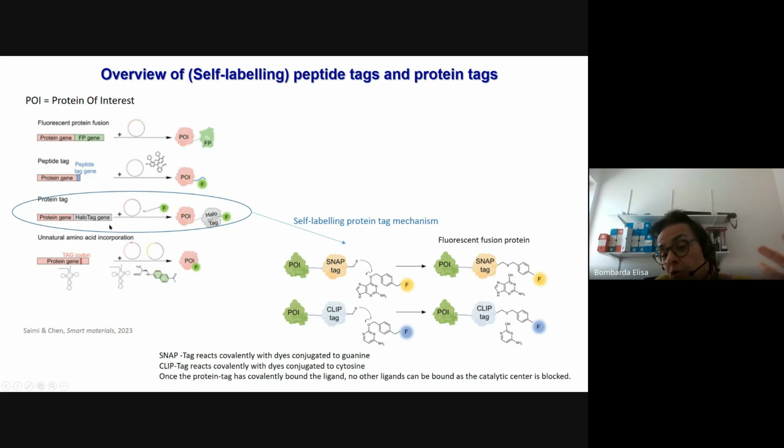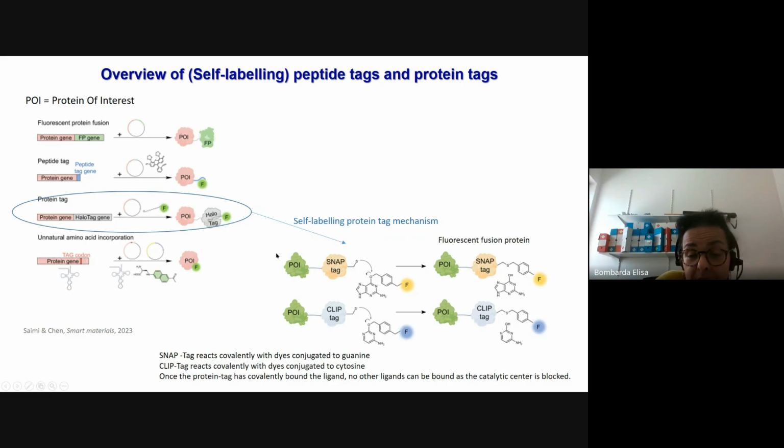And then there is actually a new, let's say a relatively new method: self-labeling protein. For example, here is the mechanism. Snap and clip belong to this category, two self-labeling proteins in this sense.